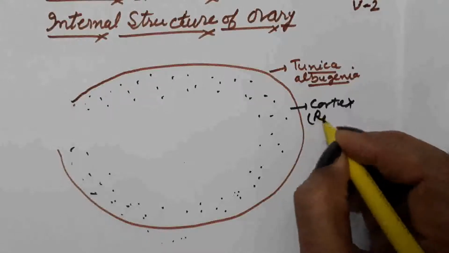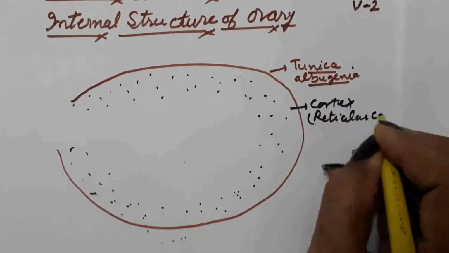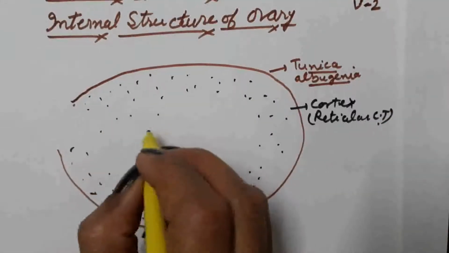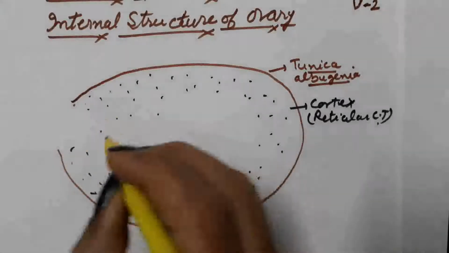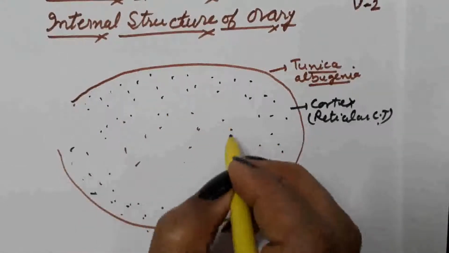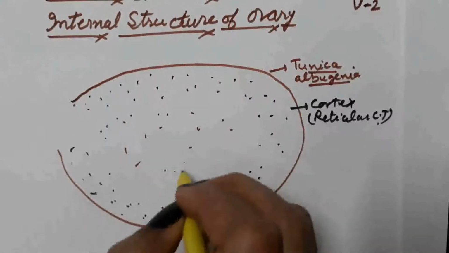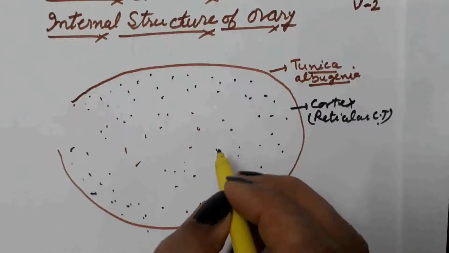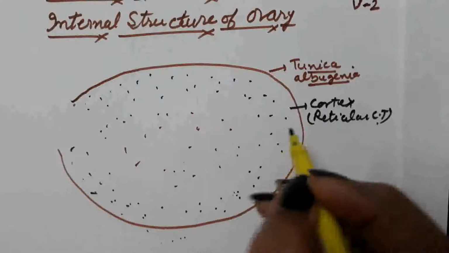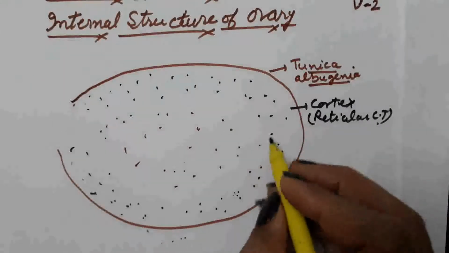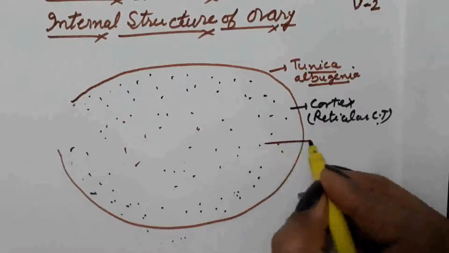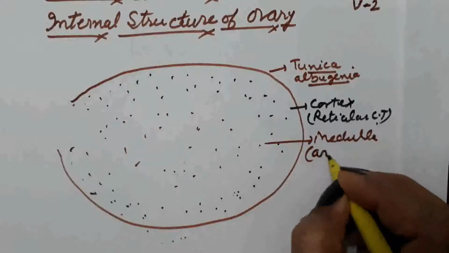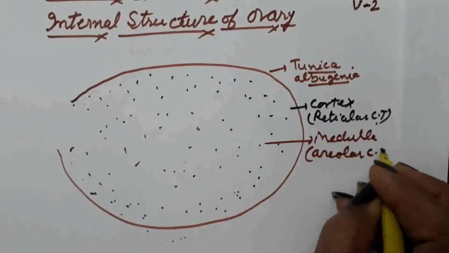The inner part is known as the medulla region, which is made up of areolar connective tissue.